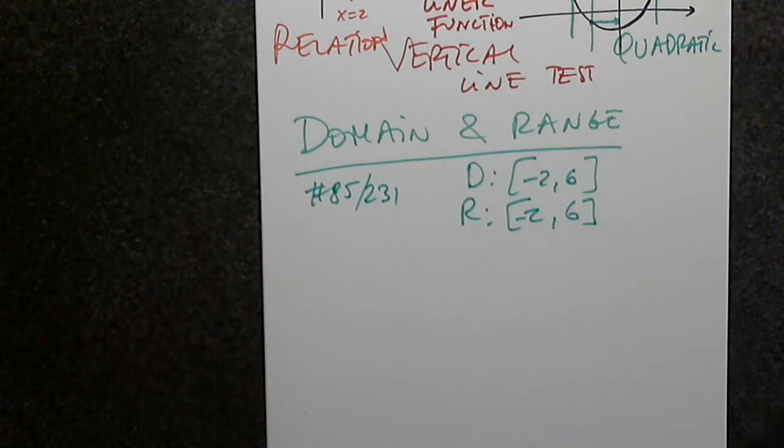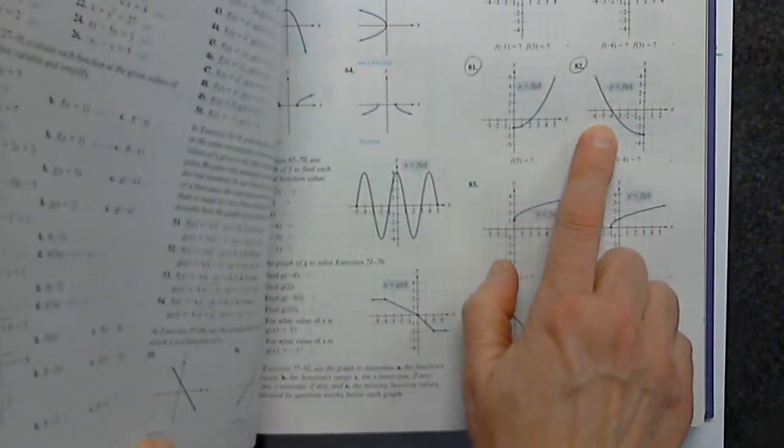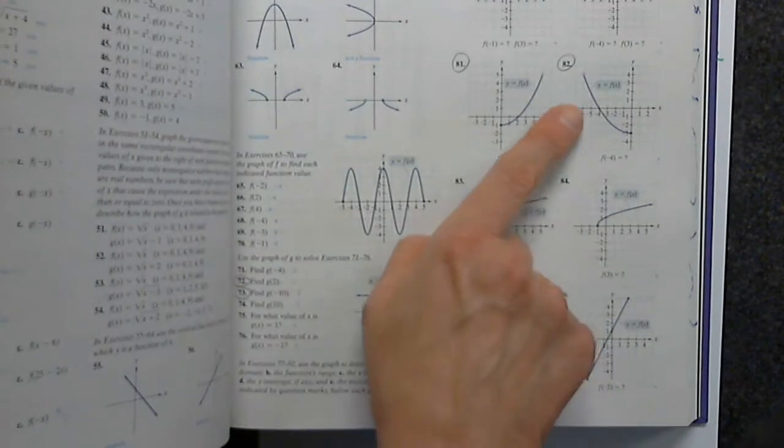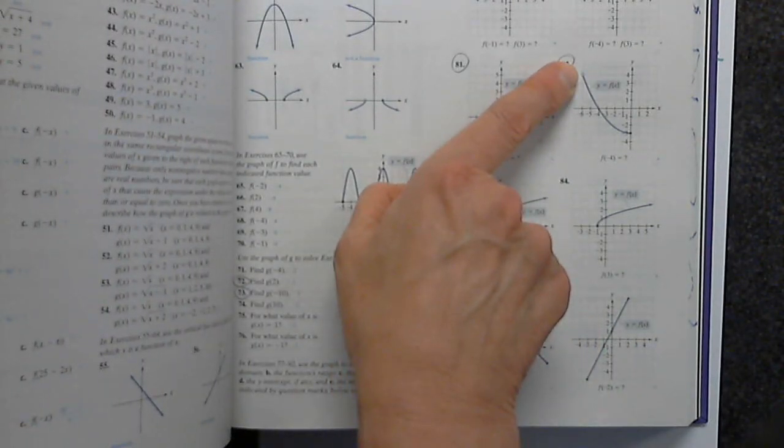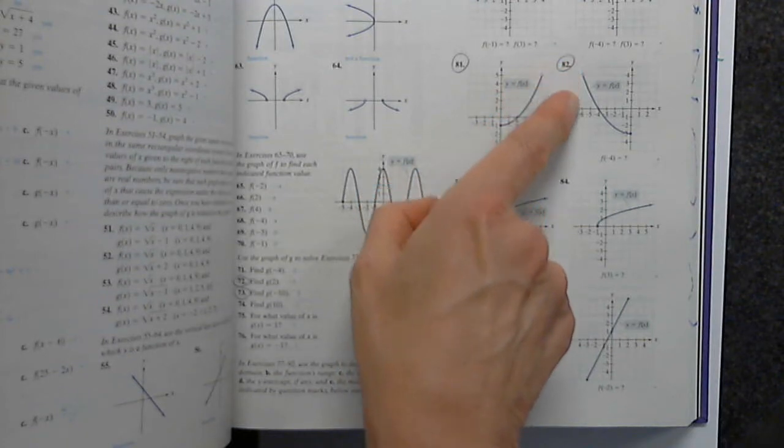Let's look at 82. Can anyone give us the domain for 82? Notice that this is an open point. It's not a full point.